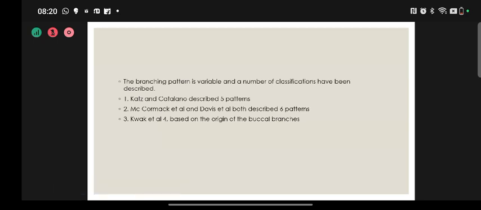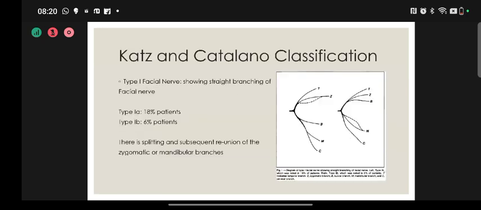Another is by McCormick et al. and Davis et al., which describes 6 patterns. Then there is Kwok et al., which describes patterns on the basis of the origin of the buccal branches. So I'll be describing the most commonly used classification, that's the Katz and Catalano classification.